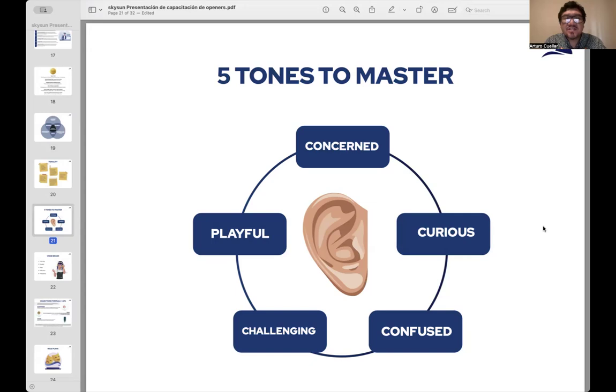Our best recommendation is sound natural. Sound like you're having a casual conversation with anybody that you know. Talk to homeowners on the phones like you talk to your friends, like you talk to your family. That's how you need to approach these conversations.